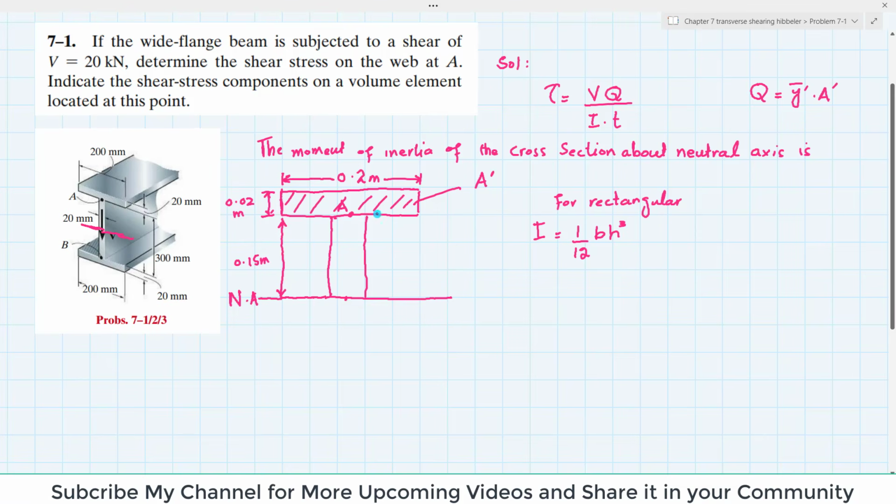This section is not rectangular, so if I consider it as rectangular, I will draw a dotted line. So this whole will be a rectangle, clear? And that is equal to 1/12. B over here is equal to, you can see, 0.2. So 0.2, and height is equal to the total height, equal to 0.1.